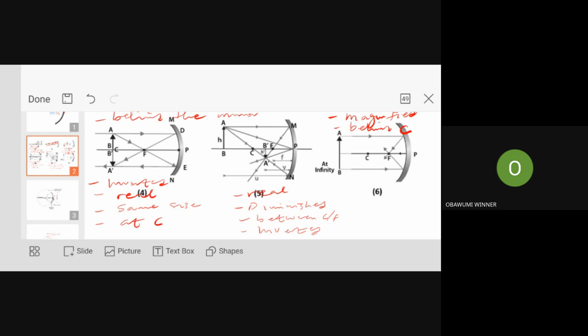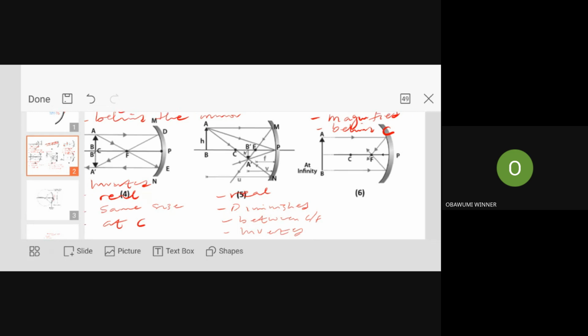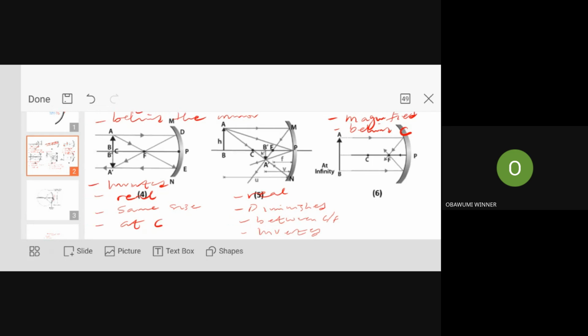That is when the object is kept away from the center of curvature, kept behind C. Now, the last diagram, which is the sixth illustration, is when the object is kept at infinity. All right. So if the object is at infinity, where will the image be formed? The image will be formed exactly at the focal point.